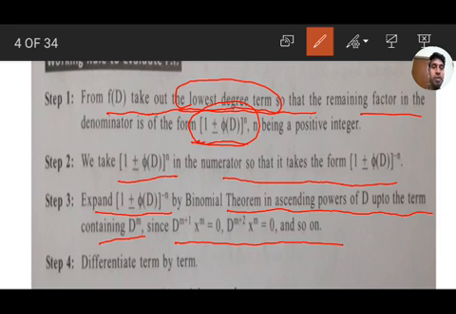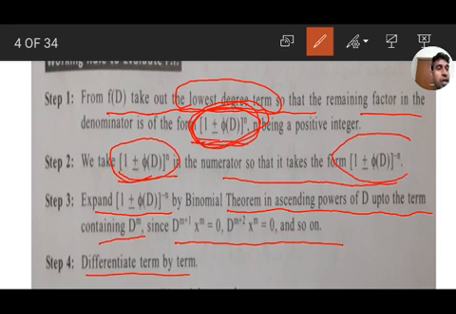Then last step, differentiate term by term. Total 4 steps. First one is that we have to take the lowest degree term of f of D common and convert the denominator into 1 plus or minus phi of D, whole to the power of n. And second step, take this 1 plus or minus phi of D, whole to the power of n into the numerator, we get 1 plus or minus phi of D, whole to the power of minus n.